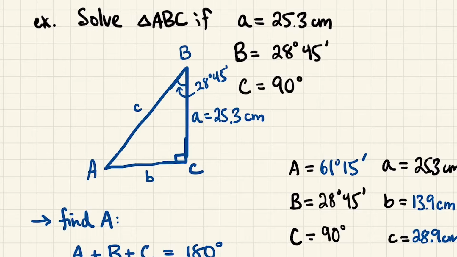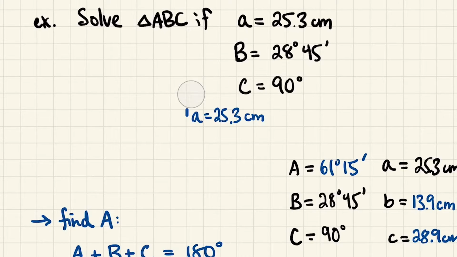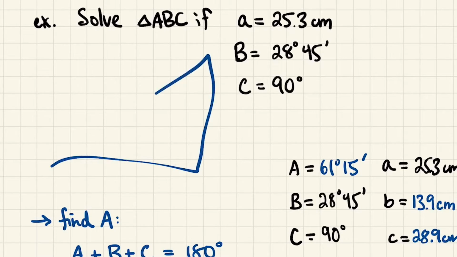Okay, final comment is that we didn't have to draw an accurate triangle. I said at the beginning of this problem that you don't have to draw a triangle at all, although it is helpful. But we could have drawn a terrible triangle. Let's draw a terrible triangle. Worst triangle ever.